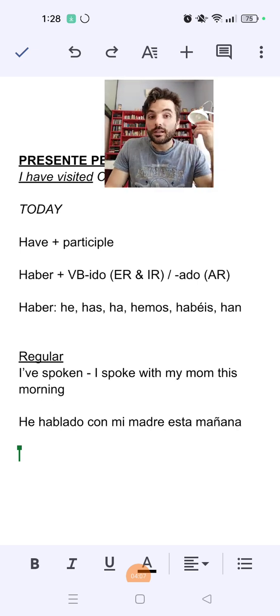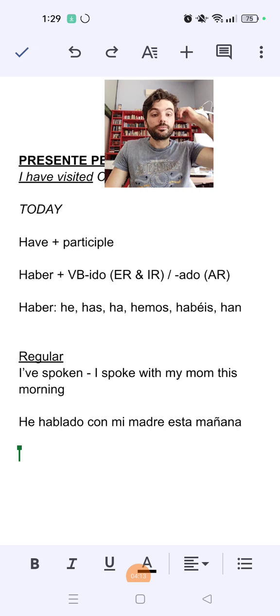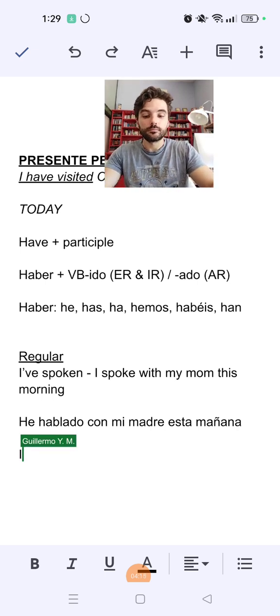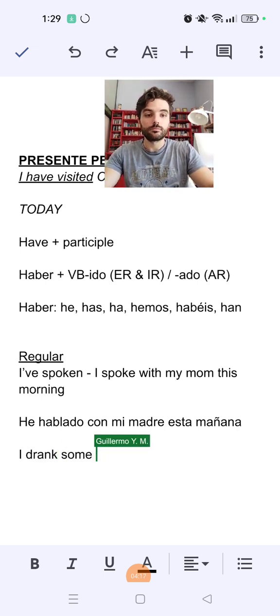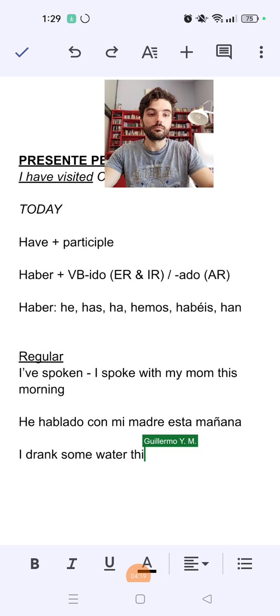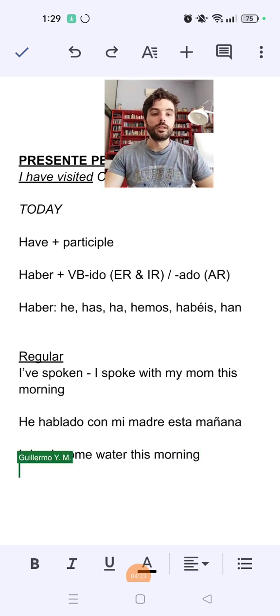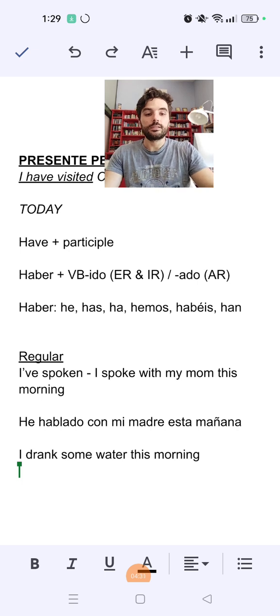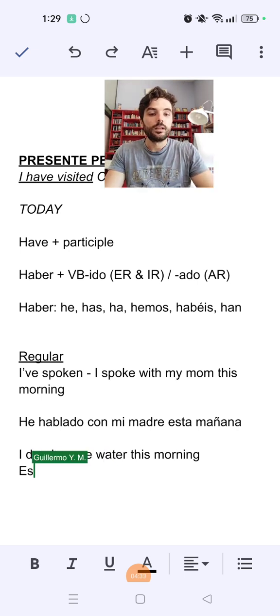All right. Let's practice with, for example, beber, to drink. I've drunk some water this morning. I drank some water this morning. How can you translate this in Spanish? Give yourself some time. So again, because we are talking about this morning, we are talking about today, so we could say, I drank.